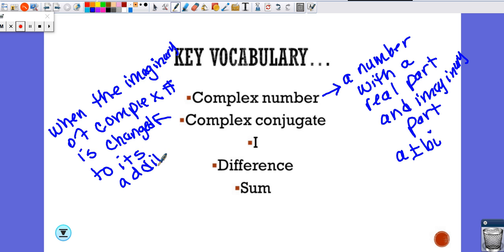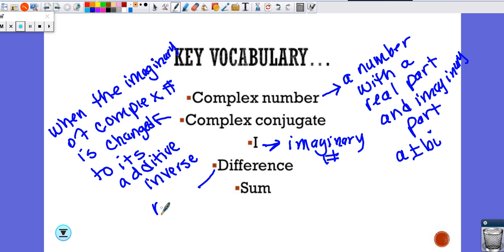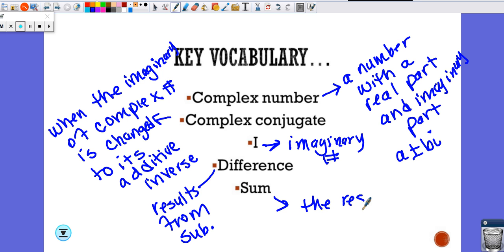Let's call it that because that's what it's called. So i is the symbol for imaginary number. Difference is the result from subtraction. And sum is the result from addition. All right, make sure you get these words in your book for vocabulary.